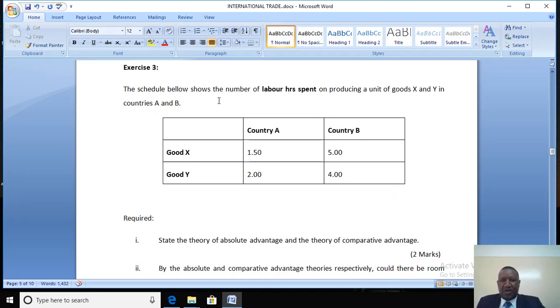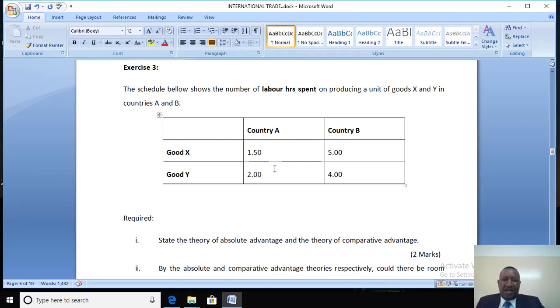The schedule below shows the number of labor hours spent on producing a unit of good X and Y in countries A and B. So you will notice that this is a different style of asking the same thing about comparative advantage and absolute advantage.